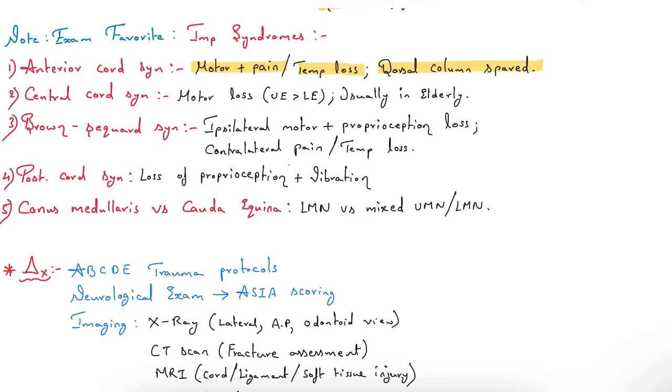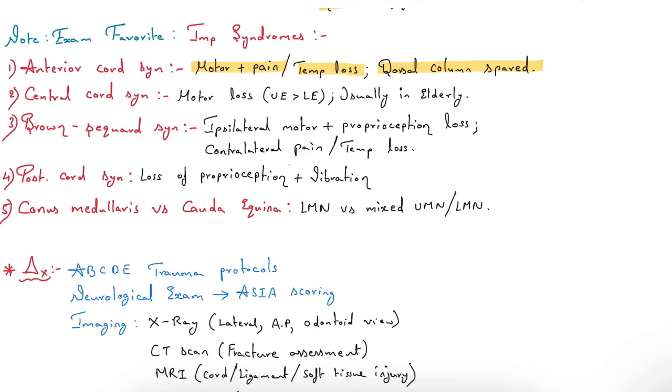Second one, central cord syndrome. In central cord syndrome we can see weakness greater in the upper limb. Mostly in the upper extremities we see motor loss compared with the lower extremities, and usually in elderly people. Okay. Older adults, and because of a hyperextension injury we can see this type of central cord syndrome.